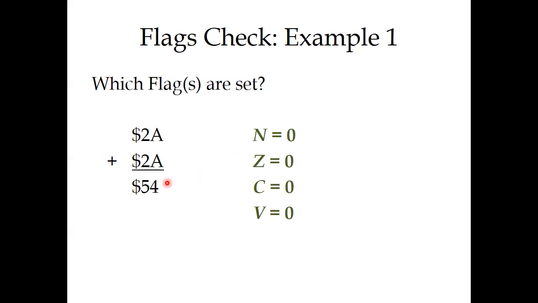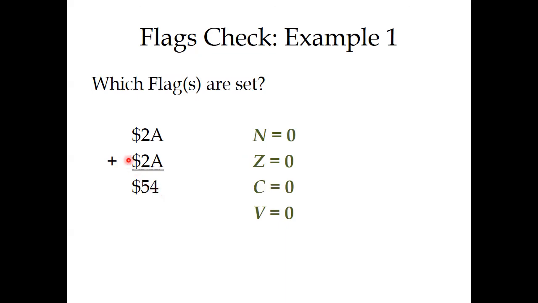The result is not absolute 0. That means the Z flag is not set either. The result is 54, right? So that's not 0. Now we are doing an addition and there is no carry at the end, right? So that means the carry flag is not set either. Okay. How about the V flag? Remember, in case of addition, the V flag is set when both of these numbers are positive and the result is negative, which is not the case.